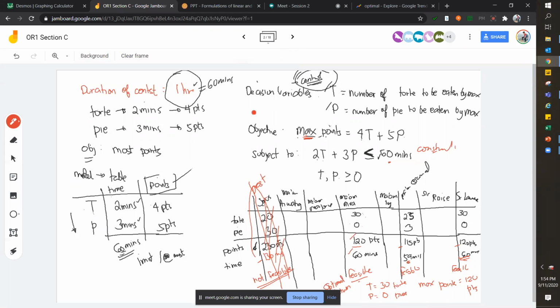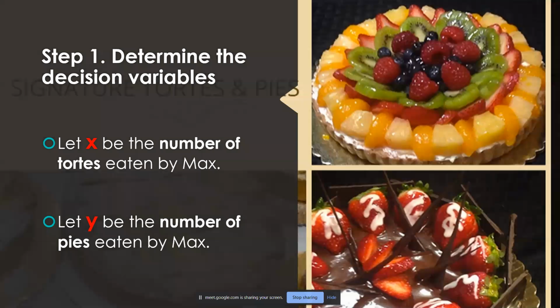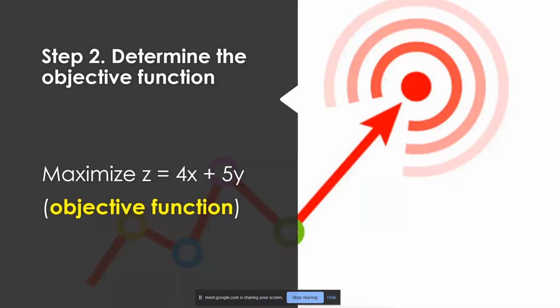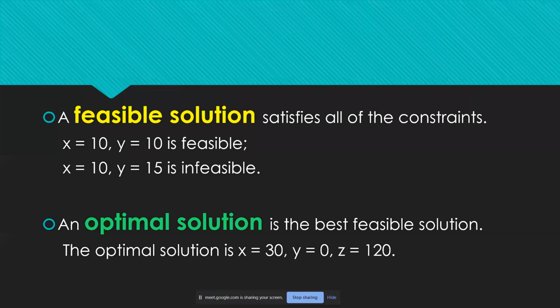Nagets naman? So, ito nga yung mga optimization paradigm. We have decision variable, the objective, and the subject or the constraints. Okay, now let's move on. So, step 1, you have to know the decision variables, your objective function, and the constraints. And then you have the optimal solution na 30 and 0.